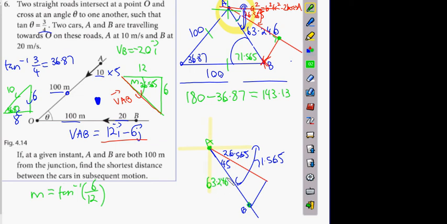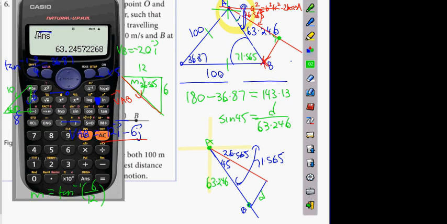Okay, and finally, we need to find out the closest distance D. The closest distance D, anybody? It's going to be sine 45 equals D over 63.246. What's 63.246 sine 45? 44.72, which is the closest distance there is.